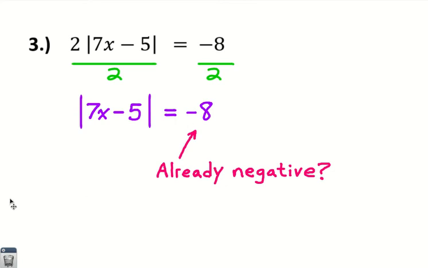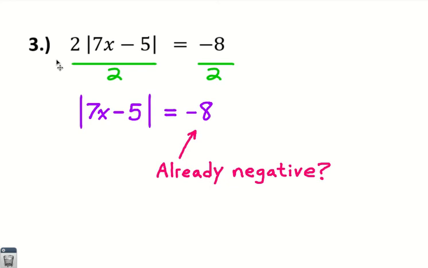So if you're thinking this might be weird looking, like something doesn't feel right, then you're right. Think about this. The absolute value of what could equal negative 8? Like, what could 7x minus 5 be equal to?